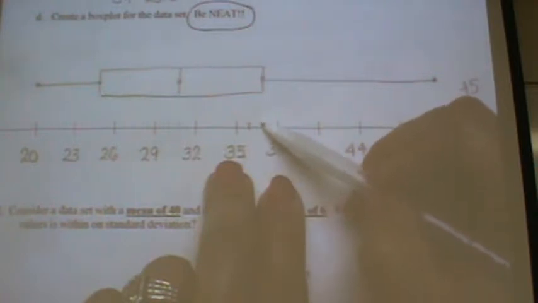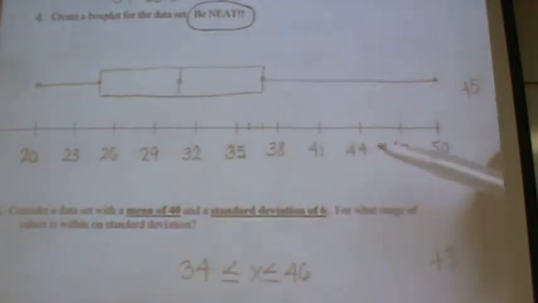The other thing that I saw, if 35 to 38 is here, what number is in the middle here? What number would this be? 36, 37, so 36, 37. So for 37, a lot of you had it real close to the 38. It wasn't accurate.